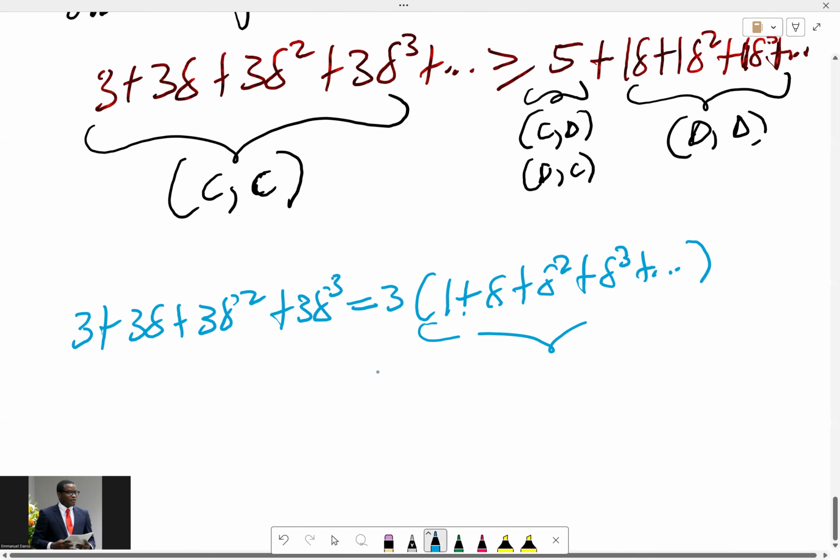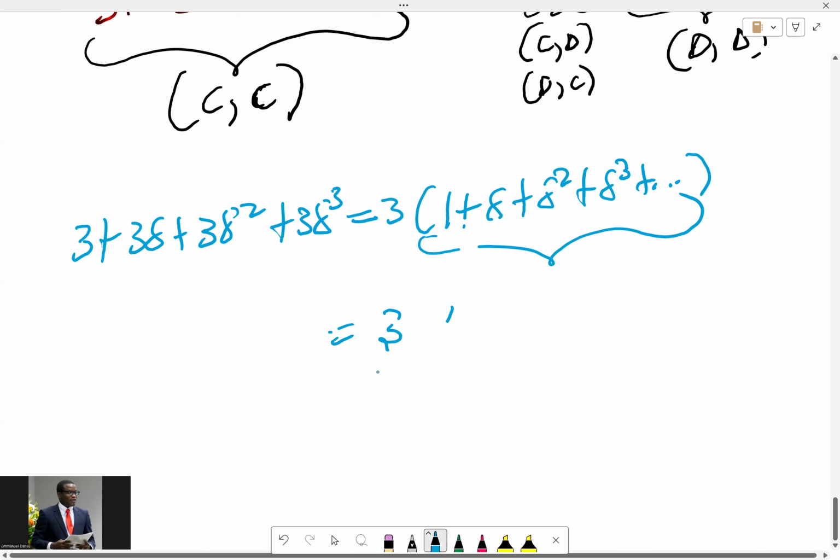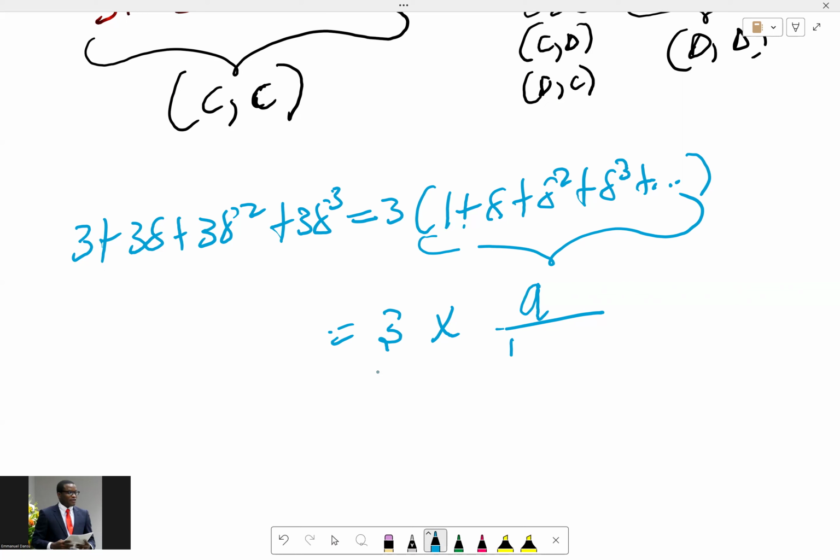And this is a geometric series. So that's the same thing as 3 times the sum to infinity of a geometric series, which is the first term over 1 minus the common ratio.